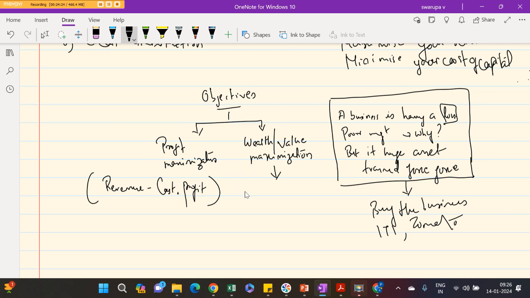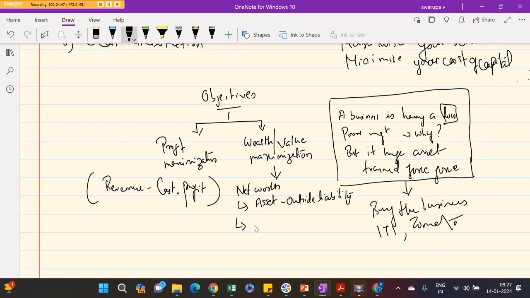Okay, there are two terminologies that you have to know here. Net worth. Net worth of a business means assets minus your outside liabilities. This is called the net worth of the business.